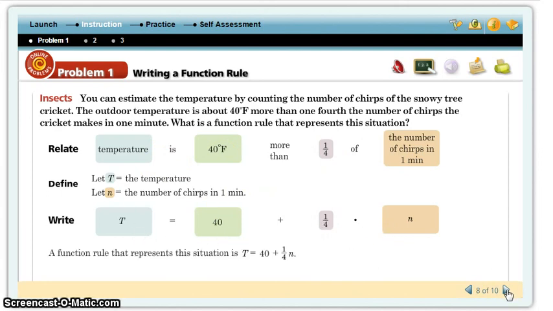So a function rule that represents the situation is T equals 40 plus 1/4 times N.